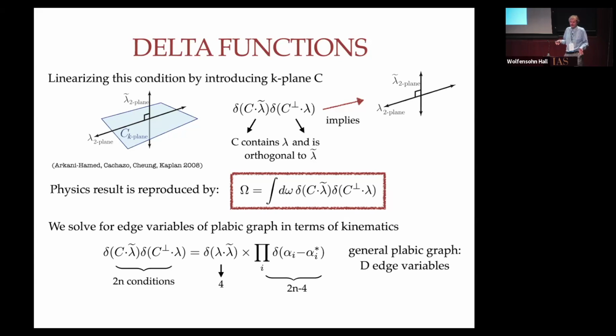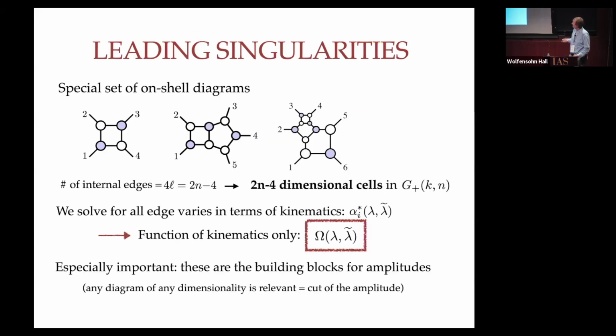If d is not 2n minus 4, either some of the variables are still there, so they are not solved for and are free parameters, or if the dimensionality is lower, we have extra delta functions which start to impose conditions on lambda and lambda tilde. So these special cells in the positive Grassmannian, these special on-shell diagrams which saturate this bound, d equals 2n minus 4, are called leading singularities.